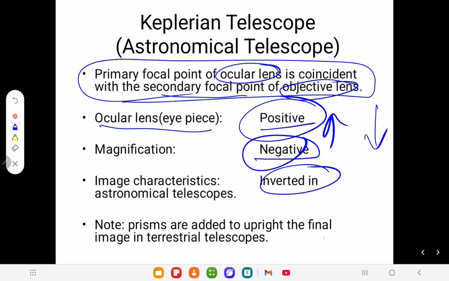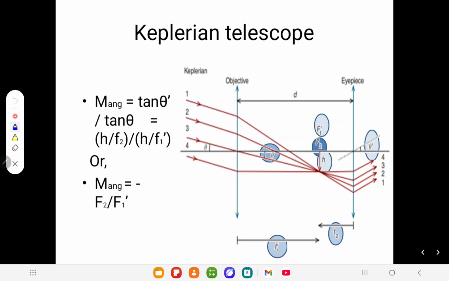So prisms are added to make the final image upright in a terrestrial telescope. If we want the image to be upright, then we have to use prisms, or there are other methods too, but let it be. So this is the principle, isn't it? The objective lens secondary focal point is here, and the eyepiece primary focal point is here.